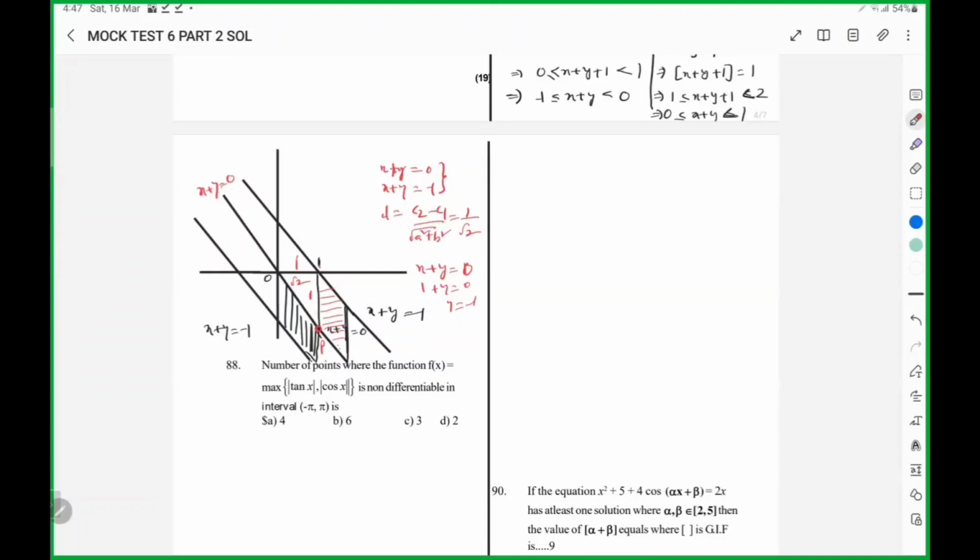For this base OP, this will be the height. Height is nothing but distance between the parallel lines. So area will be root 2 into 1 by root 2. Like this, you have two parallelograms. So final answer area is 2 square units.